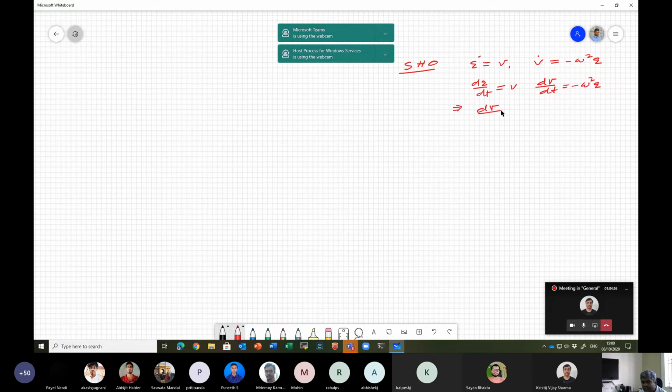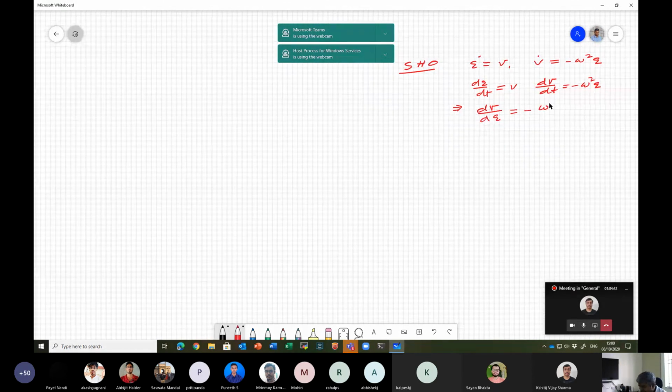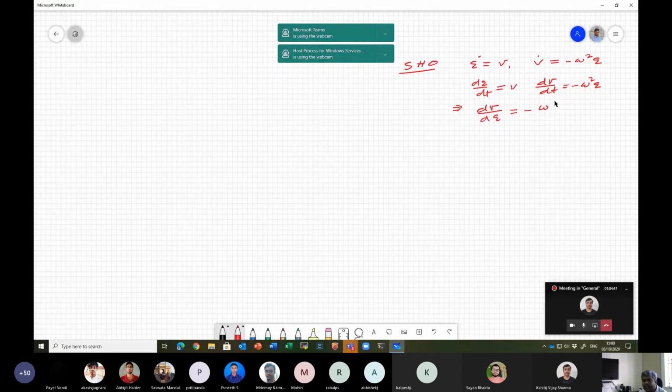You get dv/dq is equal to minus omega square q over v, sorry, v should be in the denominator, right? Now if you do this, what you will get is v dv is equal to minus omega square q dq.